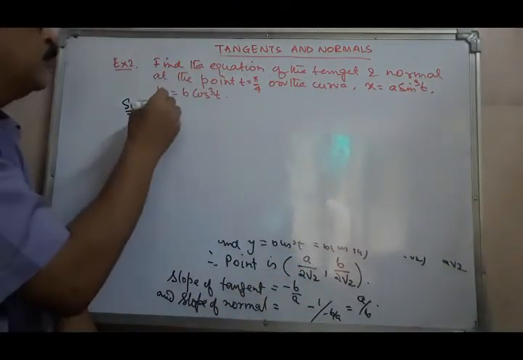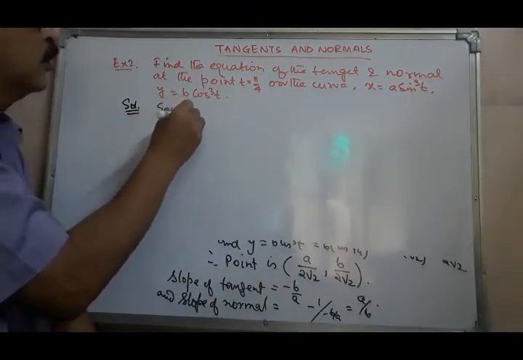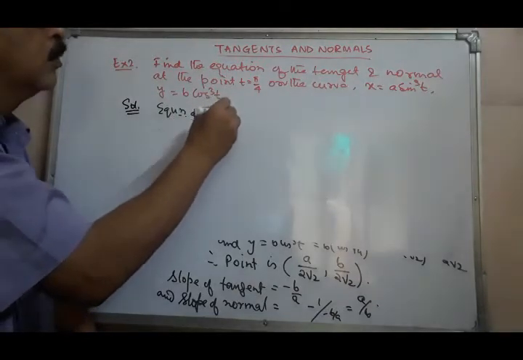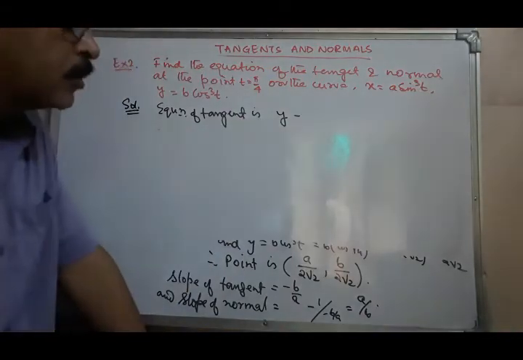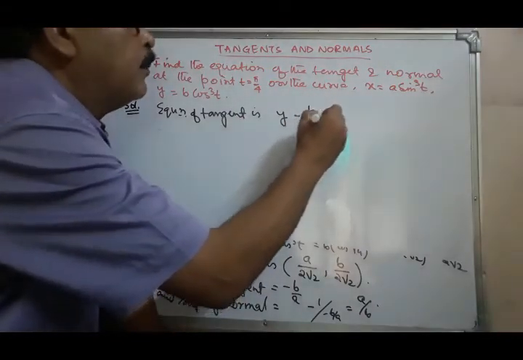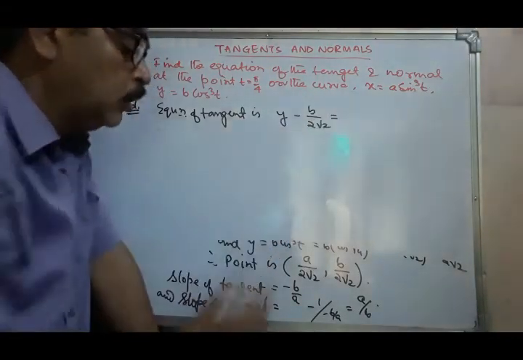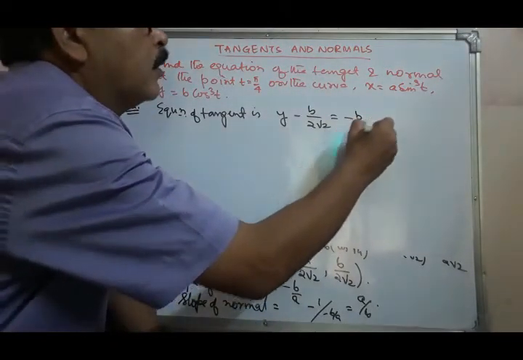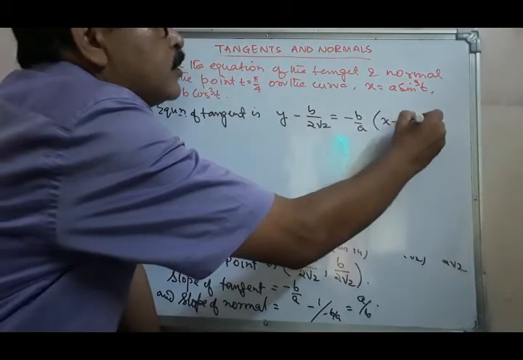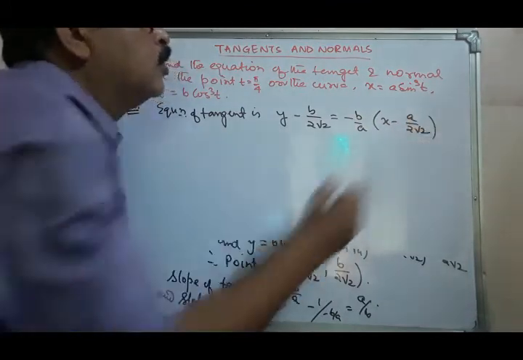So equation of tangent: y minus b by 2 root 2 equal to slope minus b by a into (x minus a by 2 root 2).